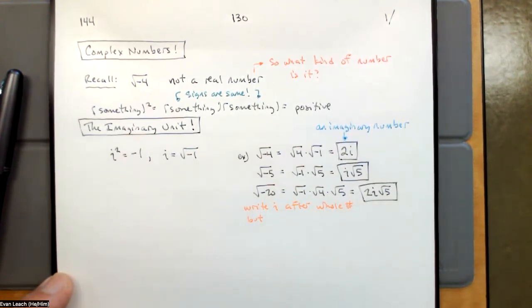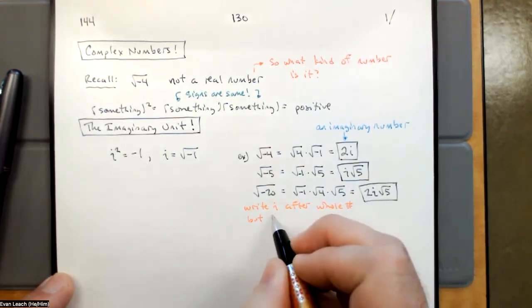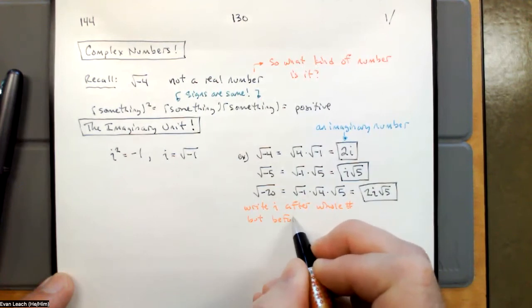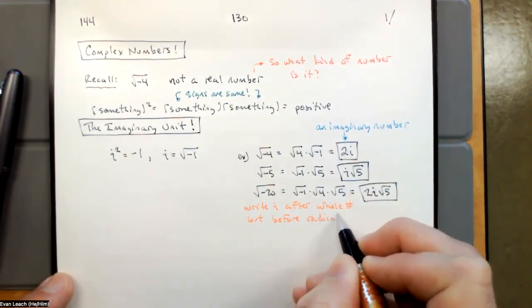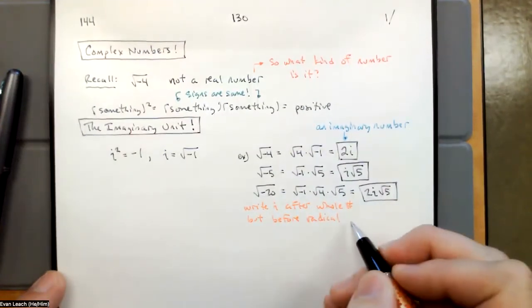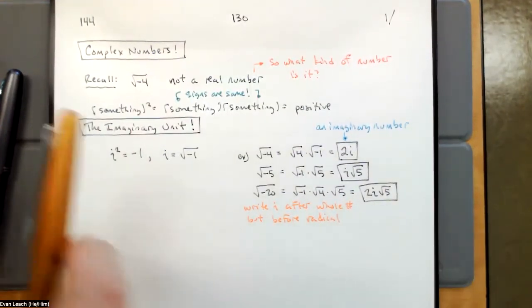I think I said that backwards. Write i after the whole number parts, but before the radical. So i goes in the middle.